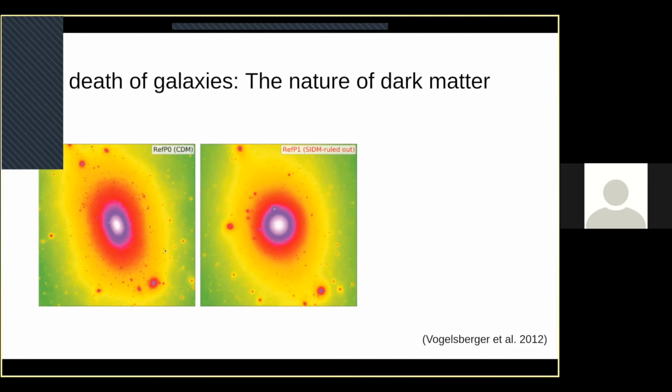So on the left here, you're seeing another dark matter simulation. This paper used a different color scale than me. So the green is underdense regions, and then the orange to red to purple to white is denser and denser regions. So you can see in this simulation, which is normal dark matter, that you have this oblong shaped egg thing, and that there's this huge swarm of smaller dark matter halos, each of which could potentially host a galaxy.